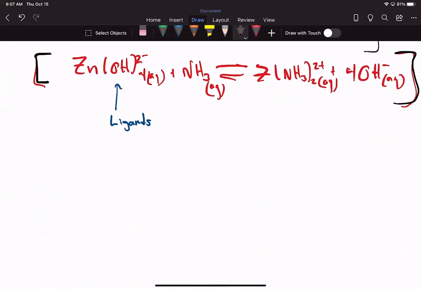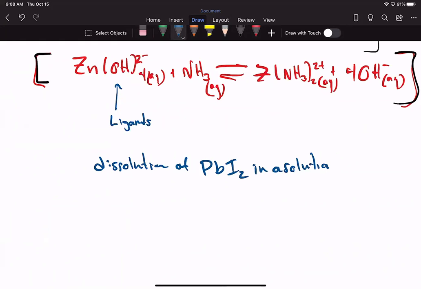Let's practice with that one more. So how about we do a dissolution of lead iodide in a solution of nitrate.